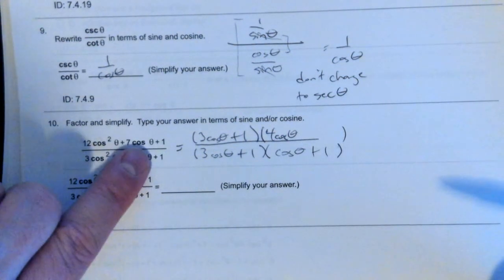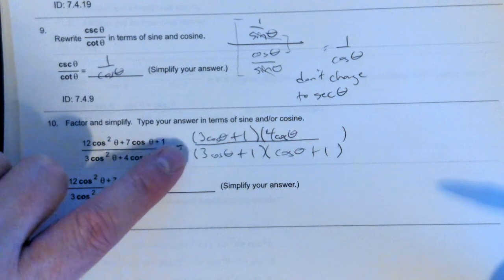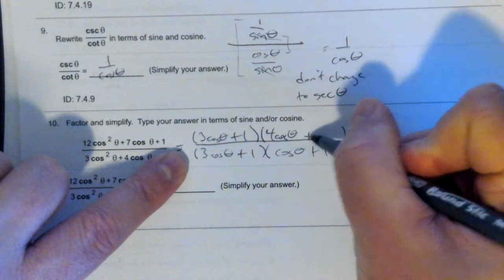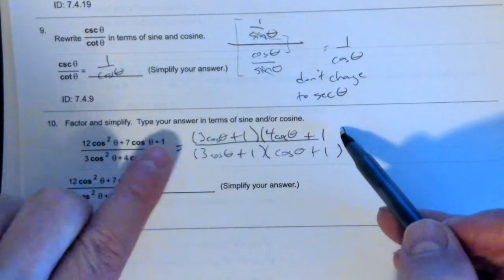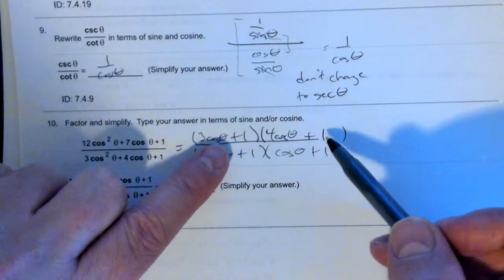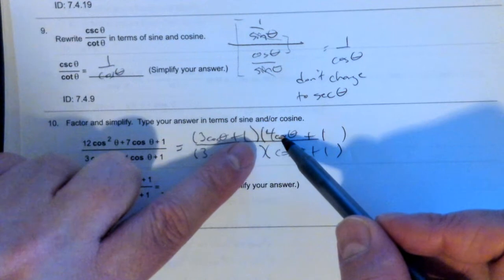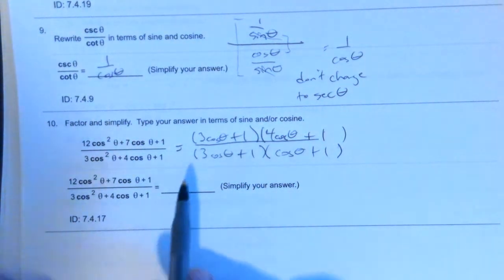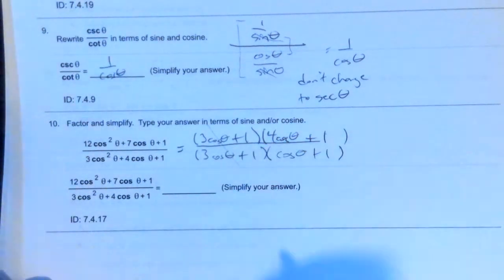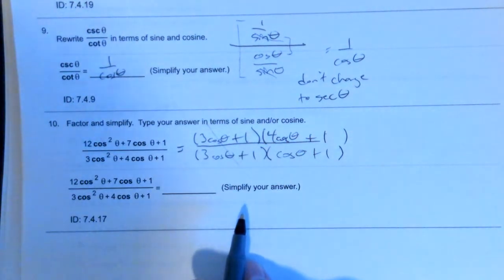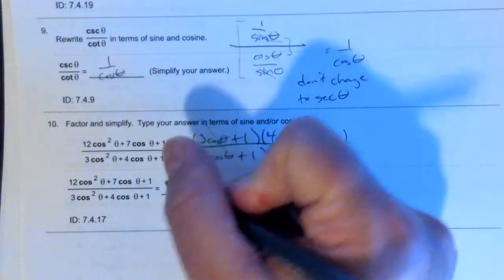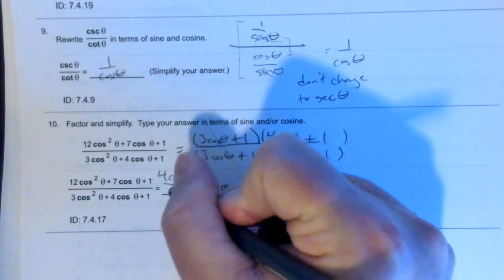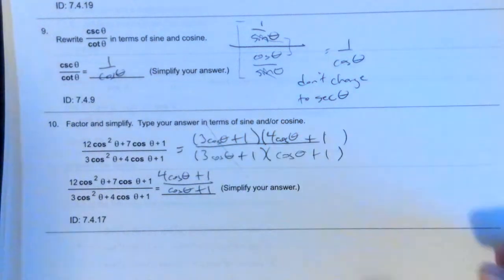And then we're trying to get 1 for our outside. So 1 times 1 is 1. And then just check it. 3 cosine plus 4 cosine is 7 cosine. And so then this cancels. So we get 4 cosine theta plus 1 over cosine theta plus 1.